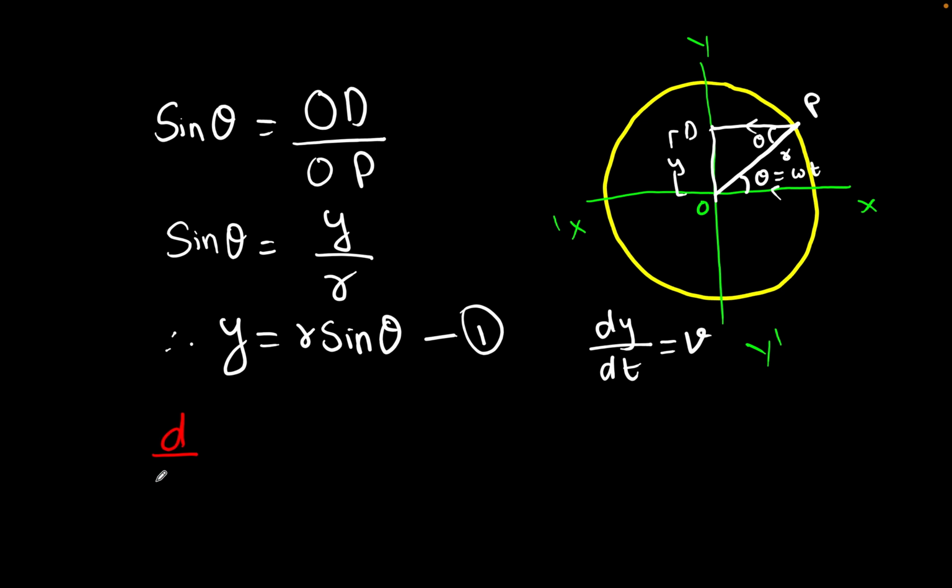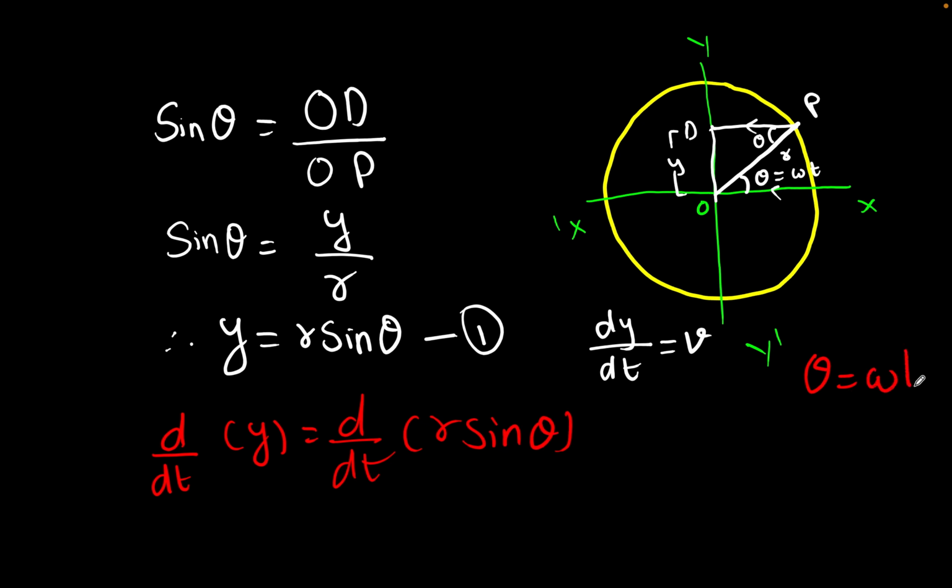So dy/dt of y is equal to d/dt of r sin theta. Now we know that theta is equal to omega times t. So v is equal to r times d/dt of sin theta, which is cos theta, so cos omega t, times the derivative of theta.